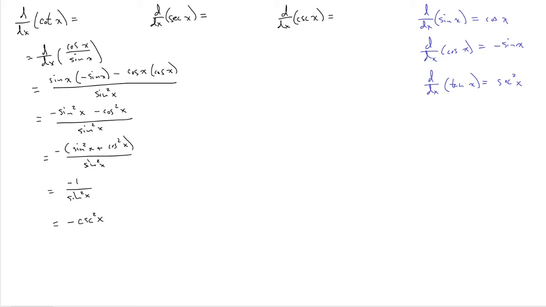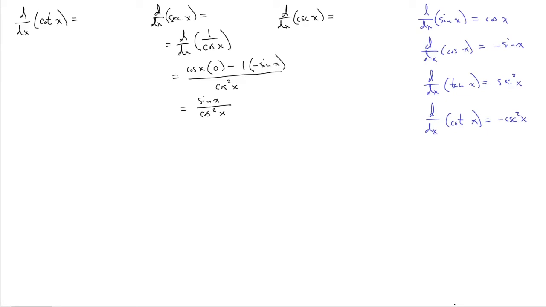And of course, sine squared x plus cosine squared x is 1. So we have negative 1 over the sine squared x, and negative 1 over the sine squared x is the cosecant squared x. And so we have just added to our list of trig identities with the derivative of the cotangent of x being equal to the negative cosecant squared of x.